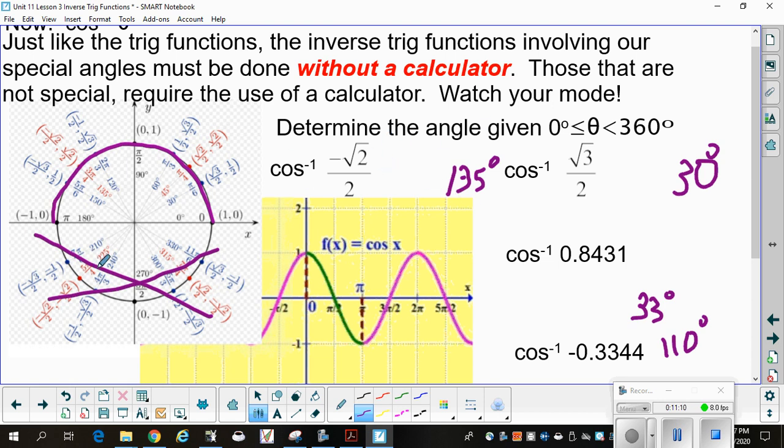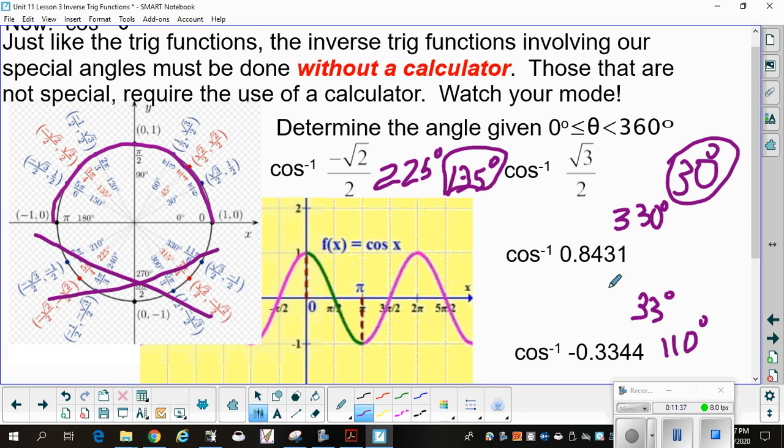Well, that would be down here at 225 degrees. That's the other one. This is the answer to the question of the function. This is the second angle that I would give. For 30 degrees, I also have 330 degrees. Again, answer to the function, and answer within the whole unit circle, or the whole circle.